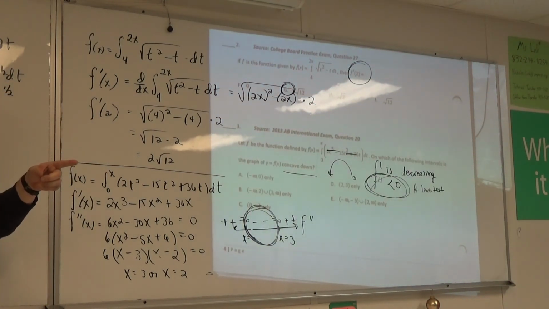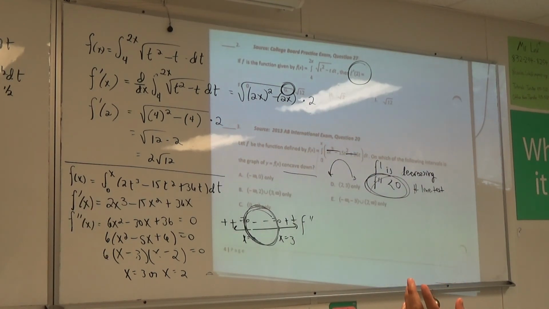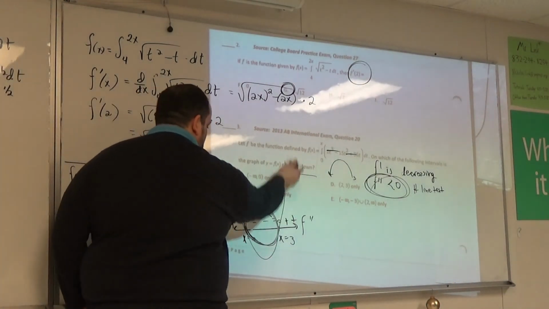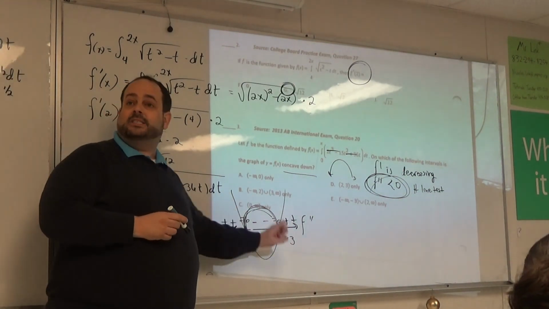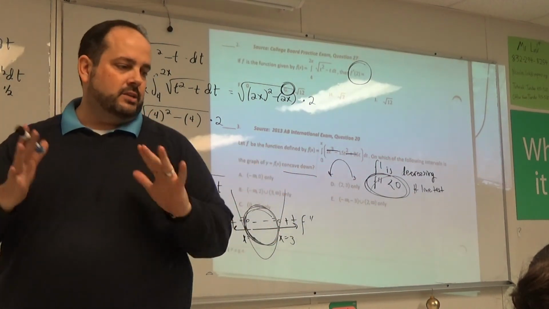Was it because of the x value? What's this the graph of? It's a parabola. Opening which way? Up. If there are 2 roots, doesn't the graph have to look like that? Above the x-axis, below the x-axis, above the x-axis. All the tools.